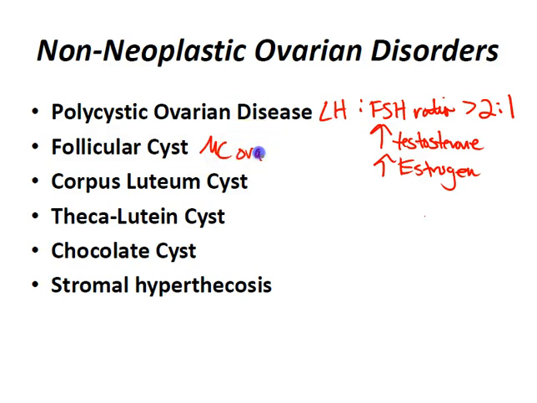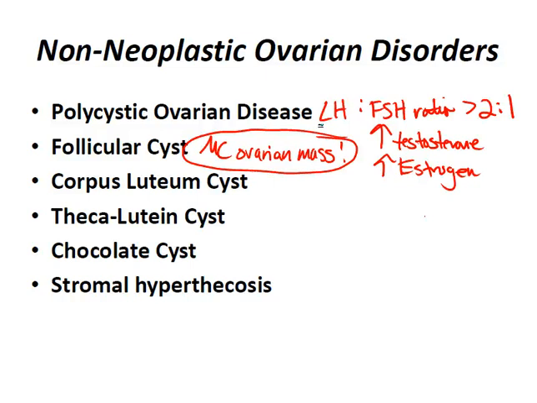Follicular cyst is the most common ovarian mass. The rupture of this presents with sudden pain and sterile peritonitis. It's associated with hyperestrogenism, okay?